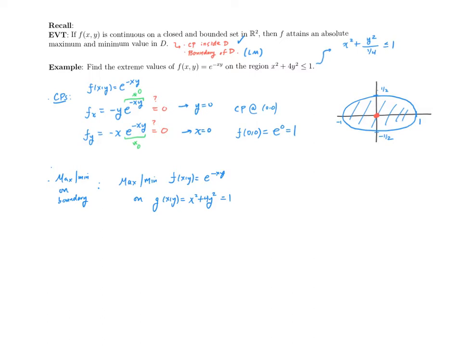And as claimed, this is a Lagrange multiplier problem. So let's now find the extreme values on the boundary, and just keep in mind we will have to come back to the value at the critical point to compare with.